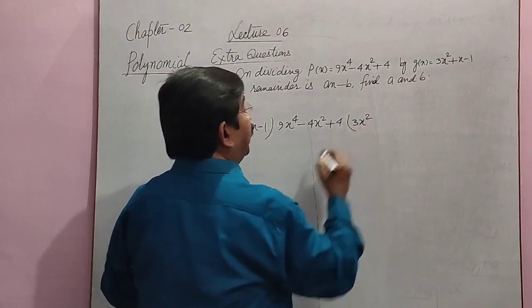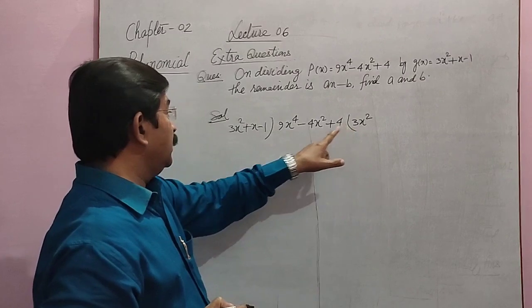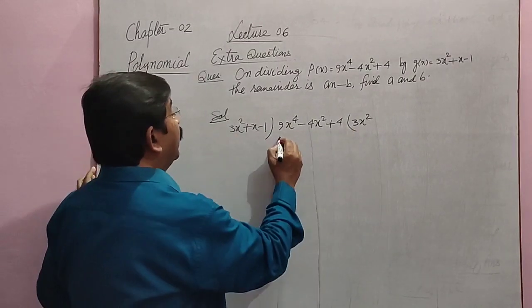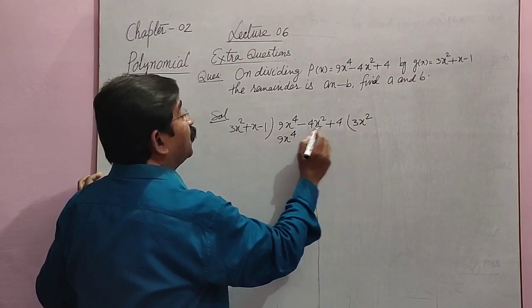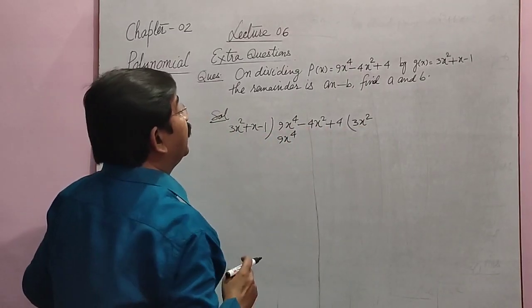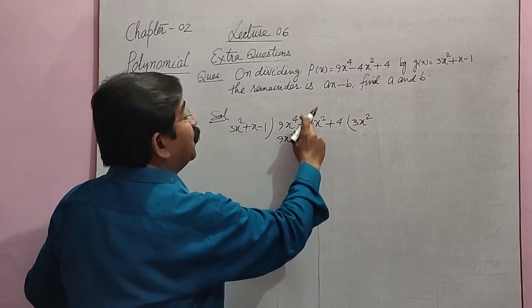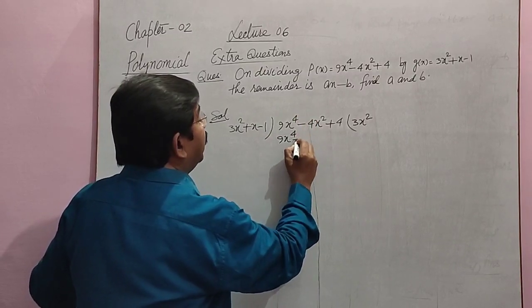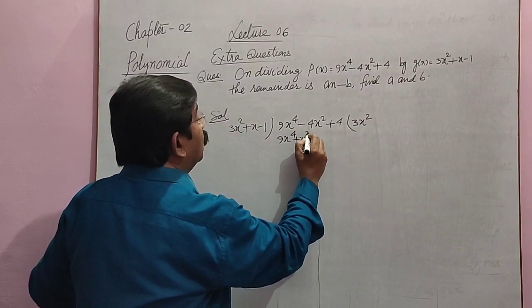3x square times 3x square, we have 9x to the power 4. 3x square into x, we have 3x cube, and x cube is not in the list, so we can write here alone 3x cube.